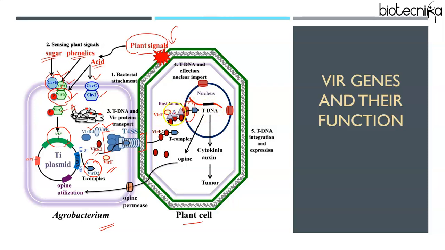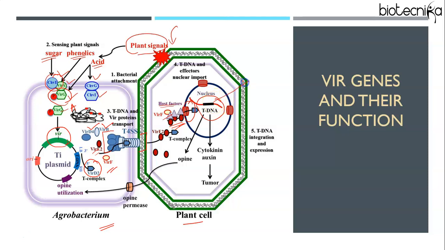Before entering, there are some host factors present that will help in the release of these extra proteins, that is, virulence genes. Extra in the sense the helping genes. And finally, the T-DNA will be released into the nucleus and gets integrated within the nuclear genome.